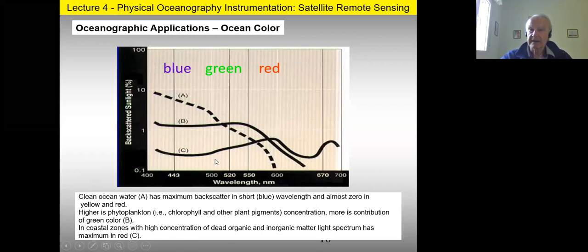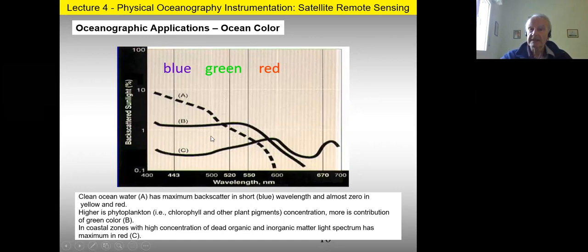The higher the phytoplankton, chlorophyll and other plant pigments concentration, the greater the contribution of green color. So green becomes relatively more important. Here you can see the clean ocean in blue, and then relatively more important is green, or even the red part of the spectrum, when there is a high phytoplankton concentration.